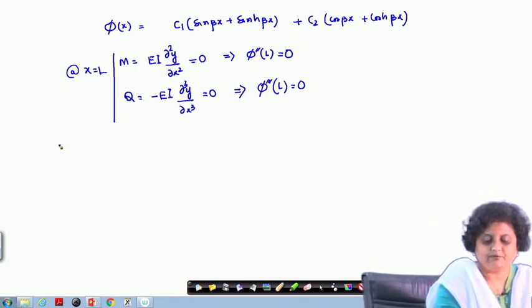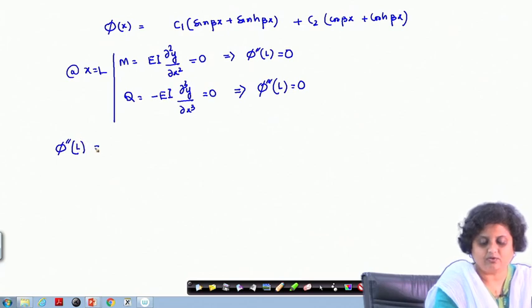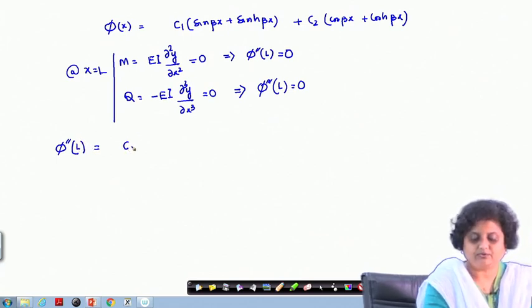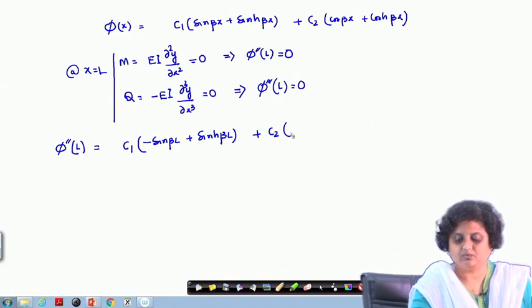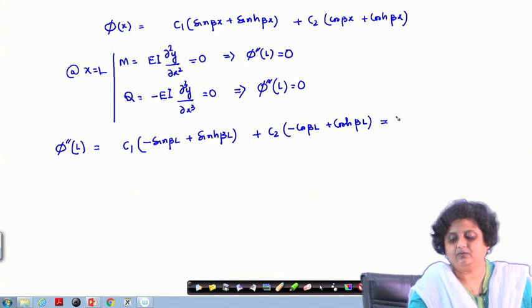Now, what does phi double dash L denote? It is going to denote C1 minus sin beta L plus sin h beta L plus C2 minus cos beta, and that is equal to 0.